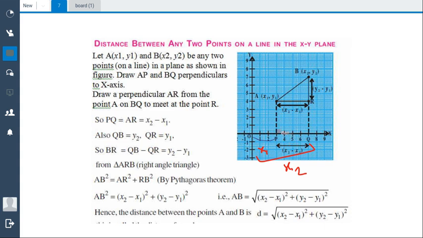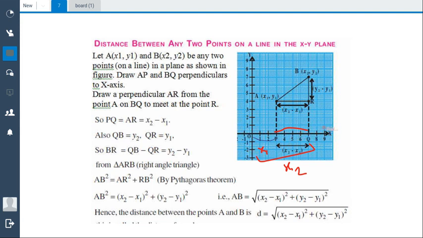Then the difference, PQ, will be x2 minus x1. PQ is nothing but the distance between P and Q, that is x2 minus x1.